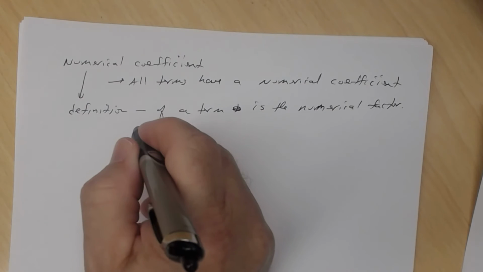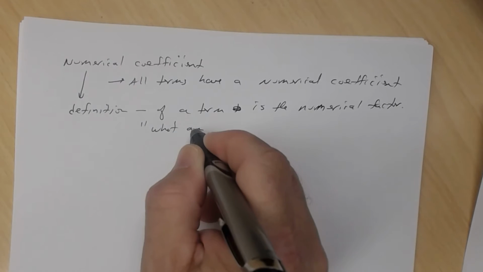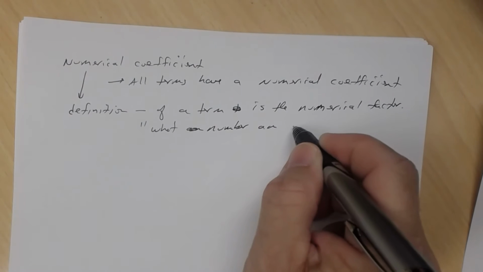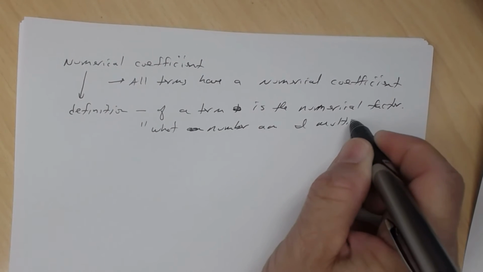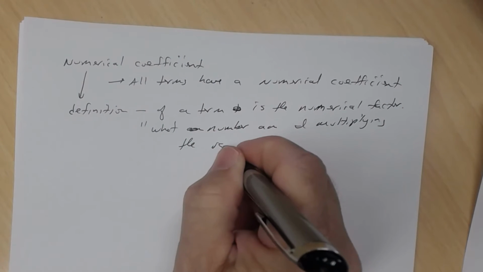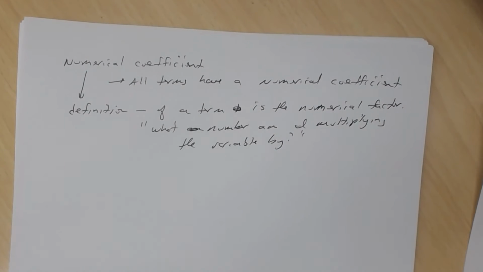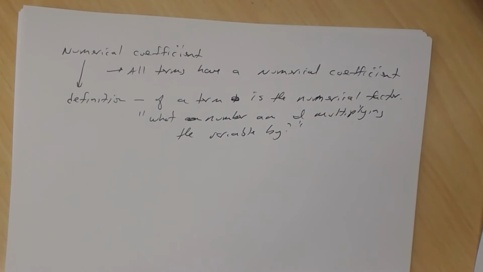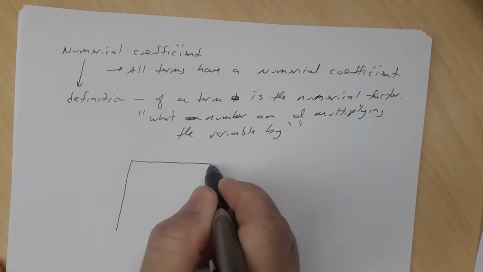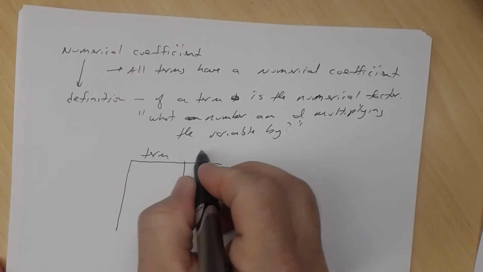All right, so in your mind you'd be thinking, what number am I multiplying the variable by? Okay, so that's what you're thinking of. So what number am I multiplying the variable by? So for example, let's suppose these are my terms, and then you're going to be asked to determine what the numerical coefficient is.